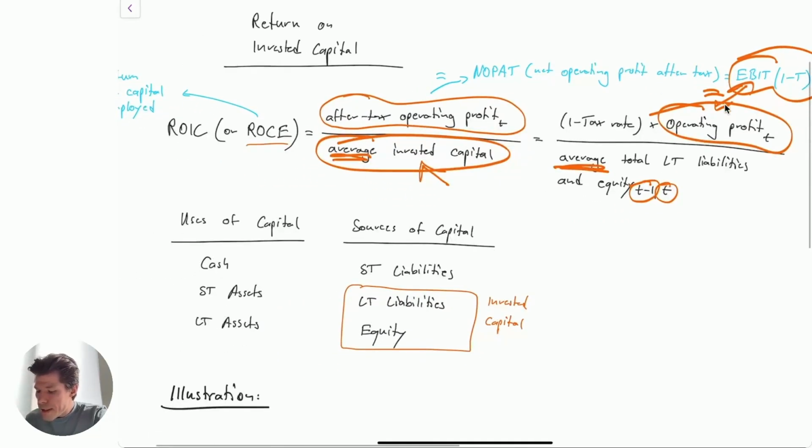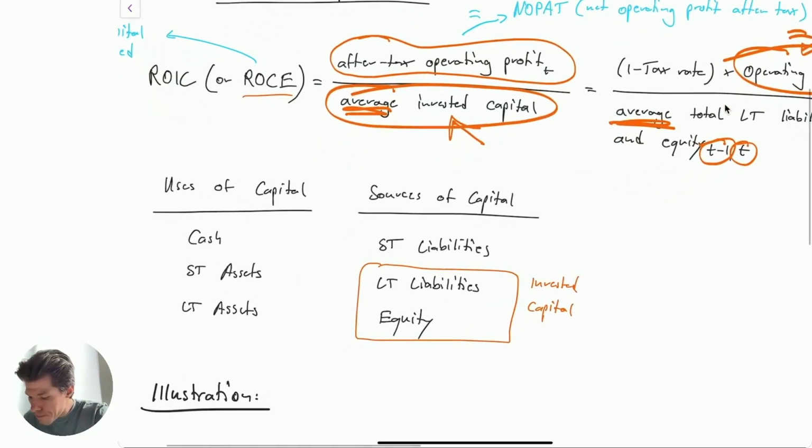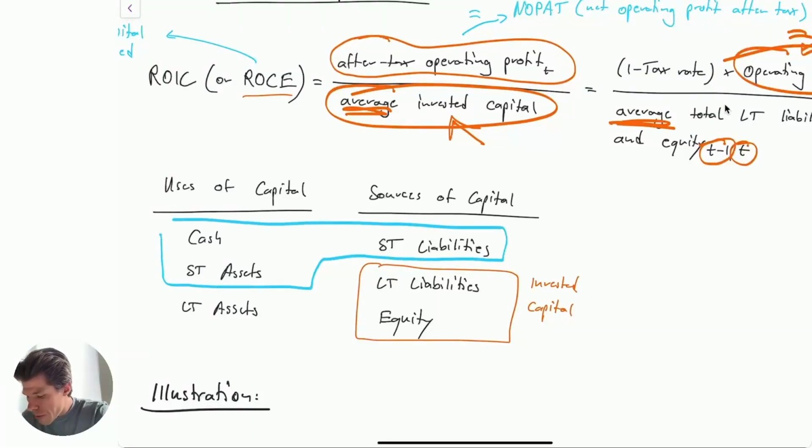If we look at what invested capital is, it first includes both equity invested capital and debt invested capital. So here you look at both capital providers, debt providers and equity providers. However, you exclude short-term liabilities because, as you know, and I think I've done another video, cash, short-term assets and short-term liabilities, this is working capital.